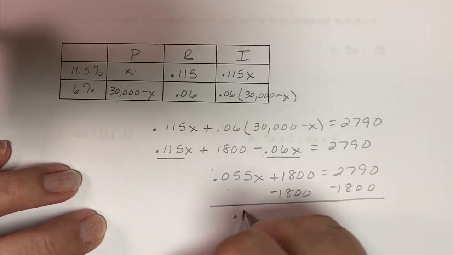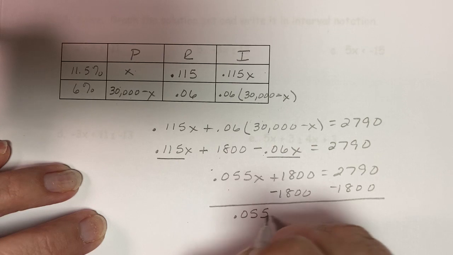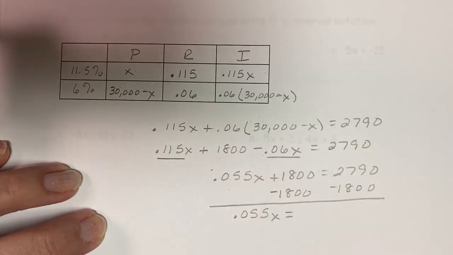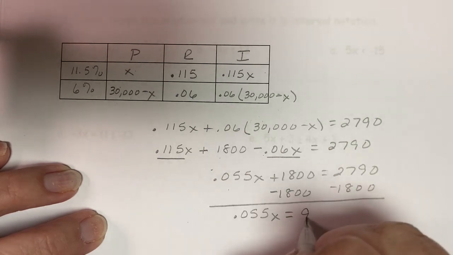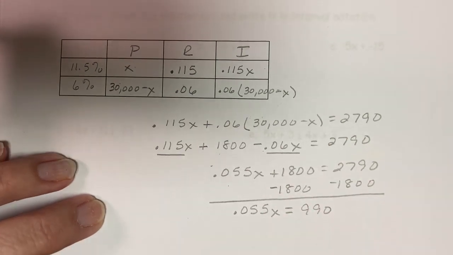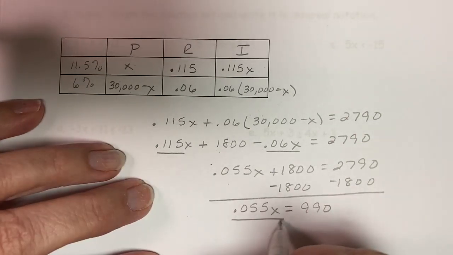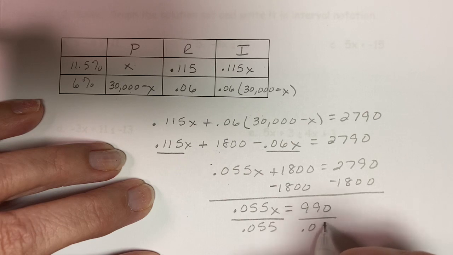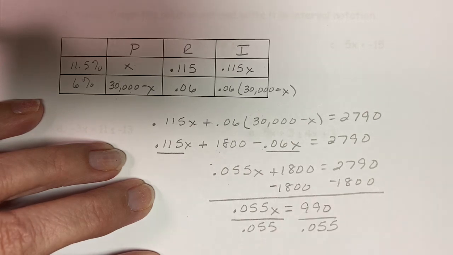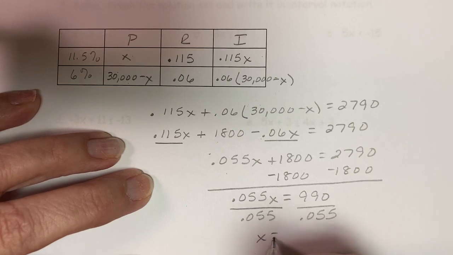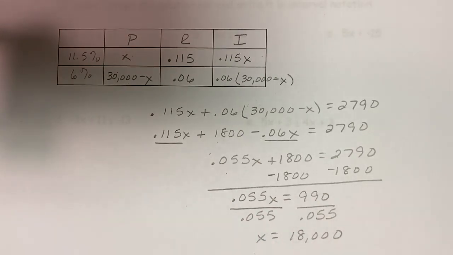So we're going to get 0.055x is equal to, and now we have to take 2,790 and subtract 1,800, and we get 990. And last, divide both sides by 0.055. And my x is 18,000.